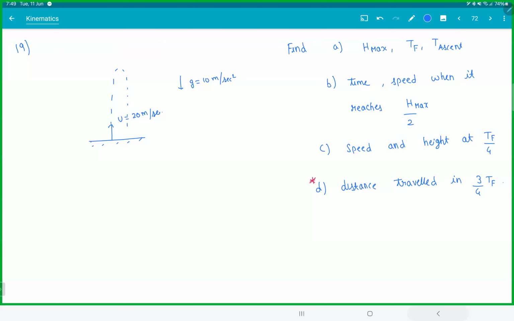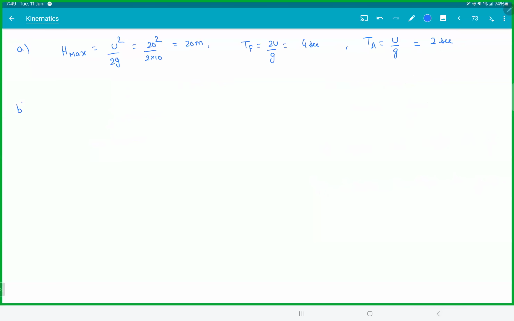So for the B part, you're asking, find the speed and time when it reaches Hmax by 2. So look at the data there. Displacement is Hmax by 2, and that is 10 meters. So you are using the equation S = ut + half at square. S is 10, u is 20, gravity is 10, and that's t square.